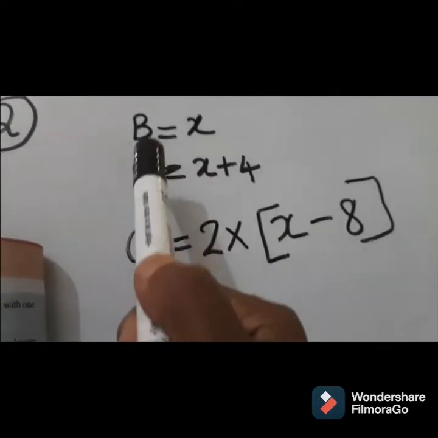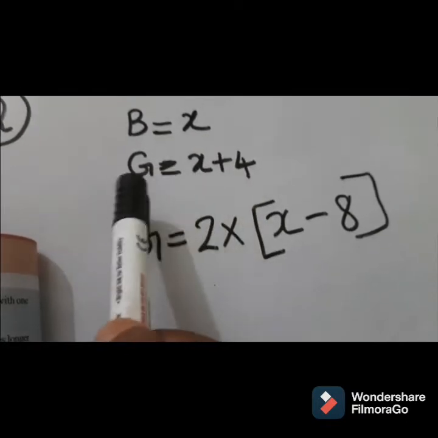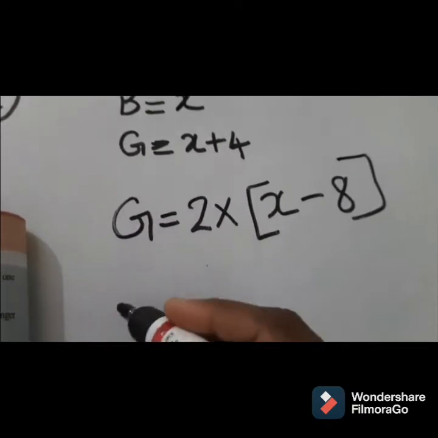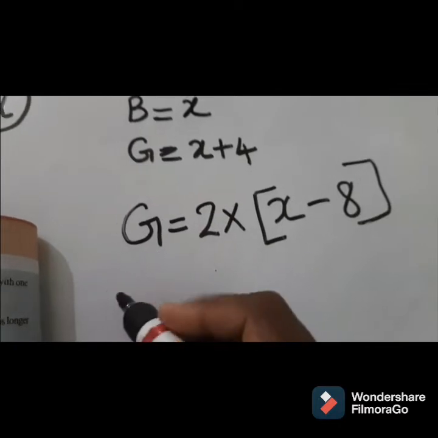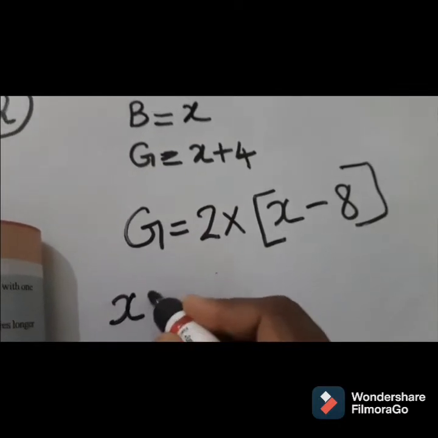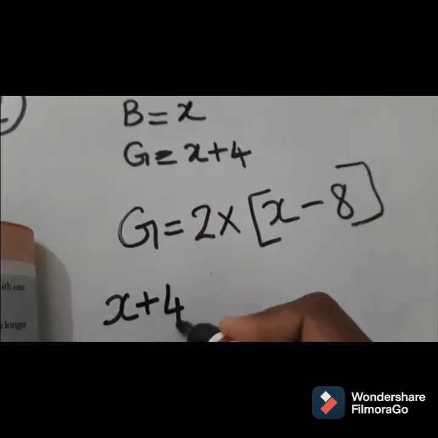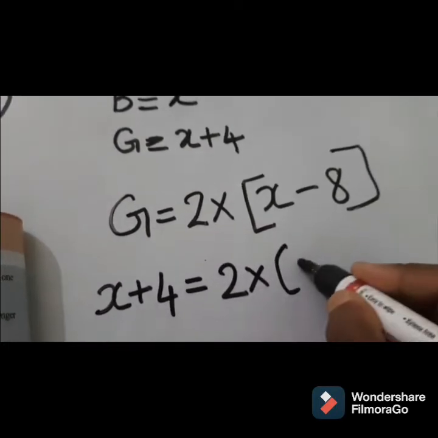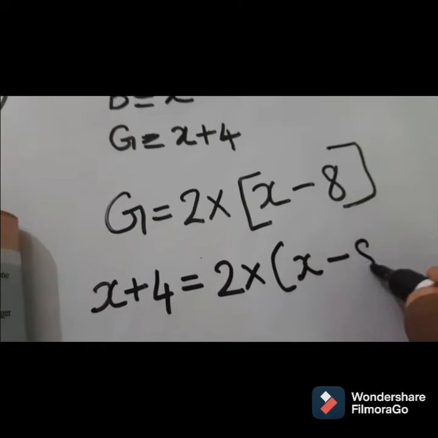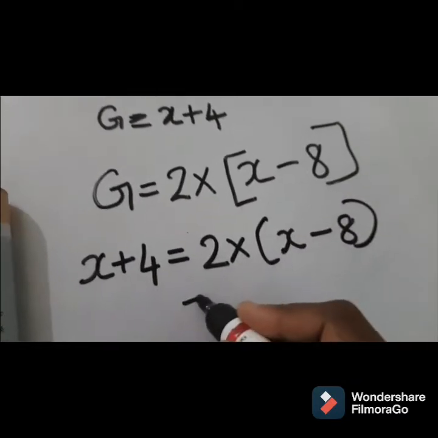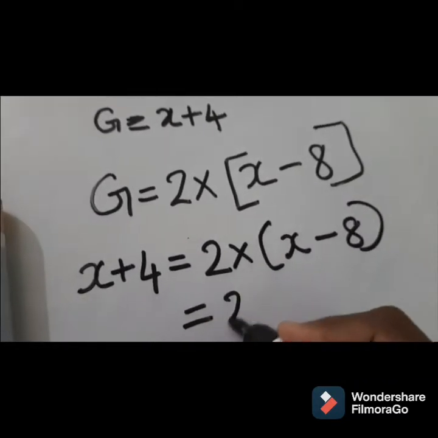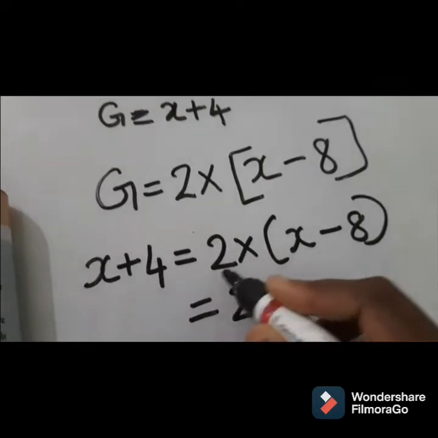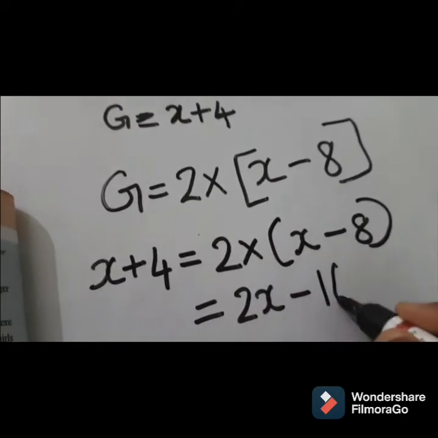Then we know that girls means x plus 4. So instead of girl, we can write x plus 4 is equal to 2 times x minus 8. So we will get 2 into x, 2x, minus 2 into 8, 16.